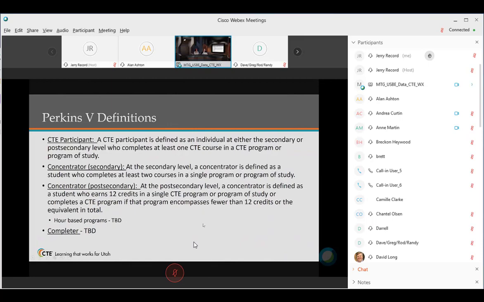In addition, there's the digital studies requirement that makes us really concerned that we're going to have every student in Utah be a concentrator, which then sort of defeats the purpose of looking at the data surrounding CTE students, because really we would have to be looking at all students in Utah potentially, and that's why we're coming up with these different baseline scenarios so that we can see what those numbers look like and then how that will impact our numbers in Utah and what we really need to do in designing our pathways moving forward.